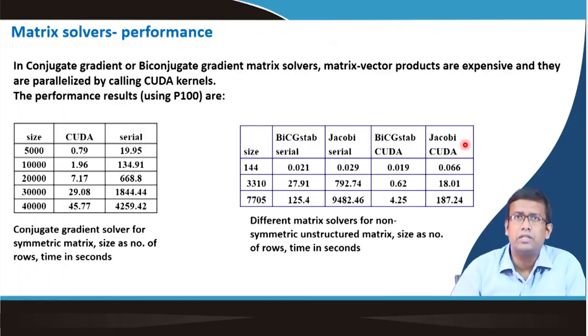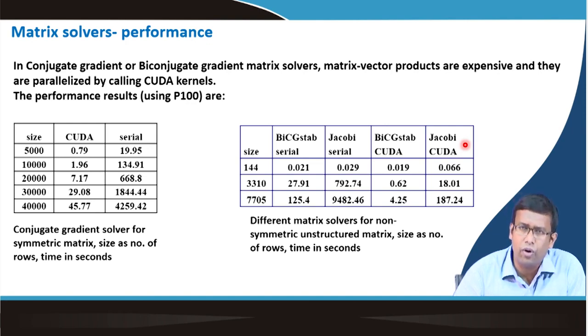We look into matrix solvers. These are very important in scientific computing calculations, and we look into conjugate gradient, biconjugate gradient and Jacobi solvers. In all these solvers, the maximum costly or compute heavy part is the matrix vector product, so we have parallelized the matrix vector product here.